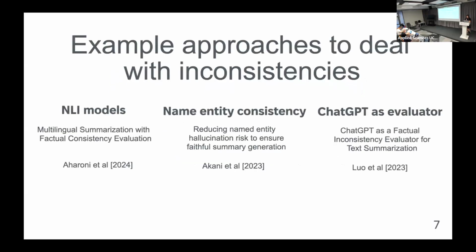And there are some examples of approaches proposed to deal with factual inconsistencies, like training natural language inference models, named entity consistency models, and another possible solution is to use ChatGPT as an evaluator of the factual inconsistencies.